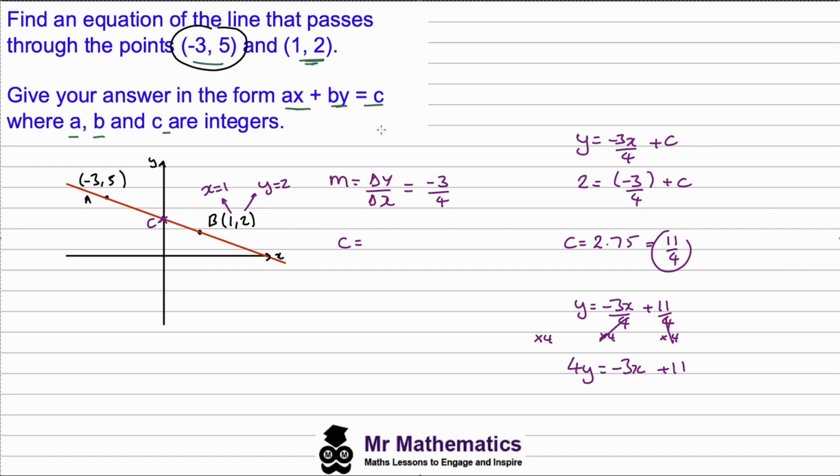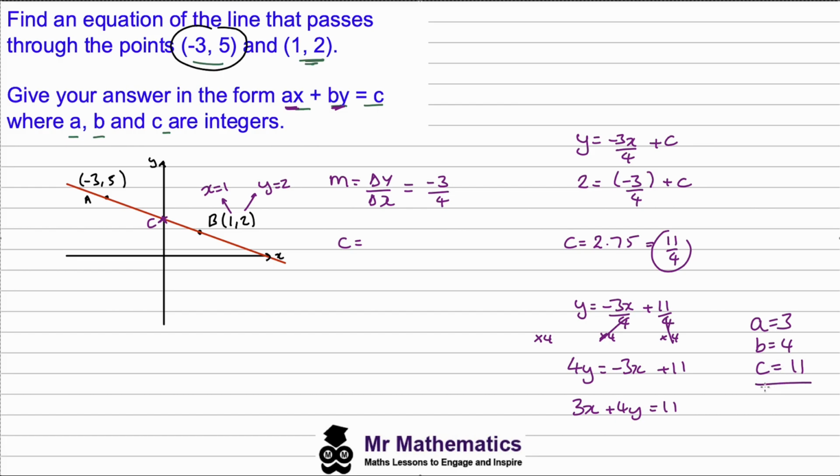And then you can see it wanted the x's and the y's on the same side. So we'll move the -3x to the left-hand side, and we'll get 3x plus 4y will equal 11. So a will equal 3, b will equal 4, and c will equal 11.